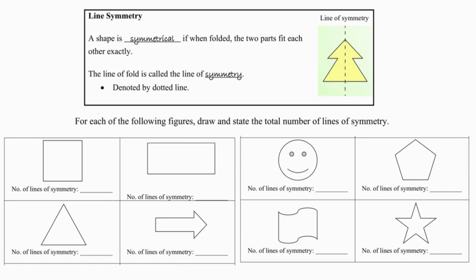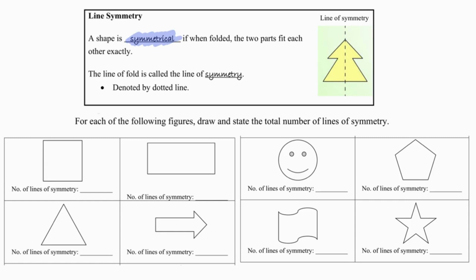Hello everyone, welcome to this video where we are going to explore what we call line symmetry. So, line symmetry occurs when there is a shape that is symmetrical, when it is folded and the two parts fit each other exactly.